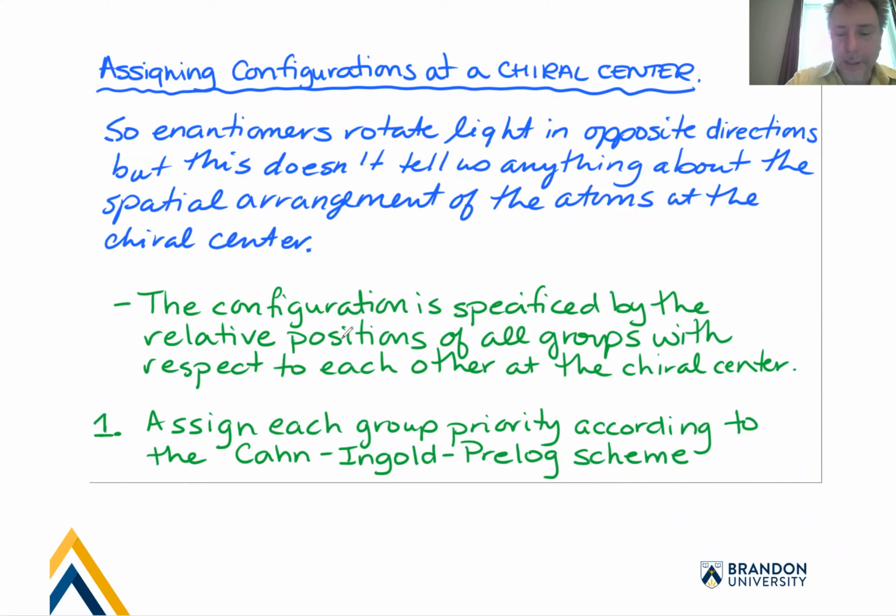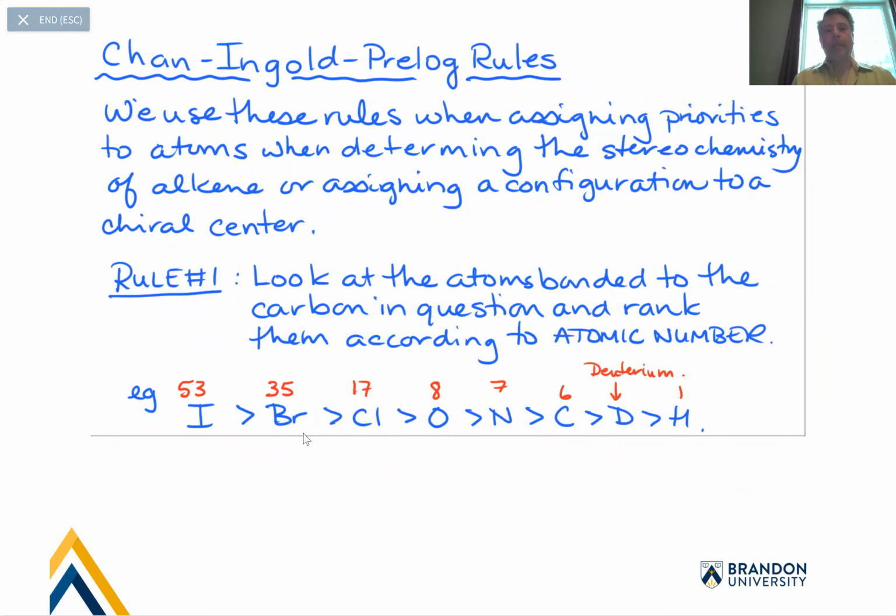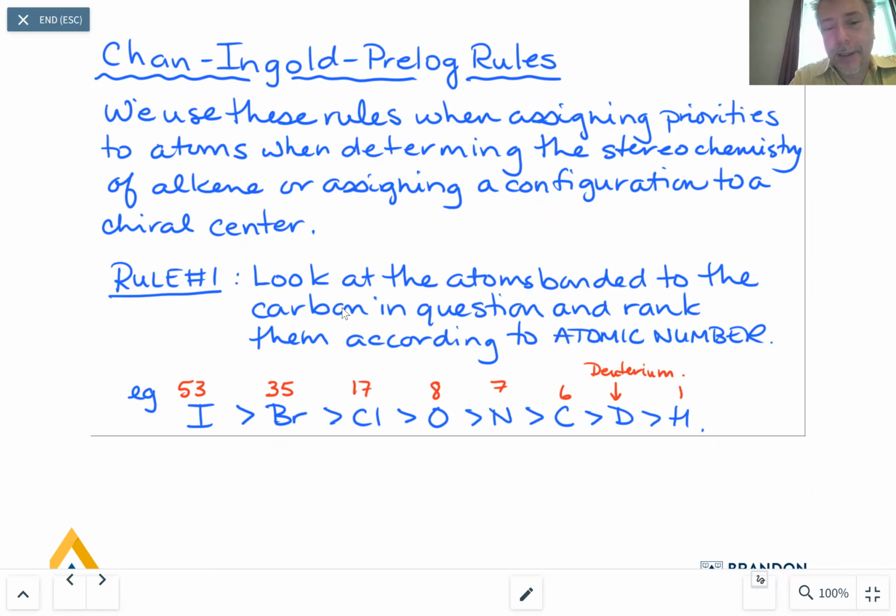The first step in assigning a configuration at the chiral center is to assign a priority to each group according to these rules. What are those rules? That's the first question. The first rule is easy: you look at the atoms and rank them according to atomic number.